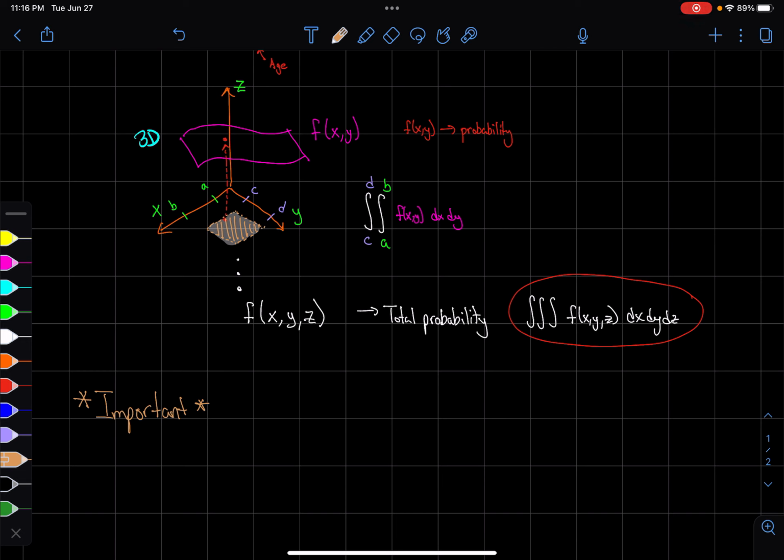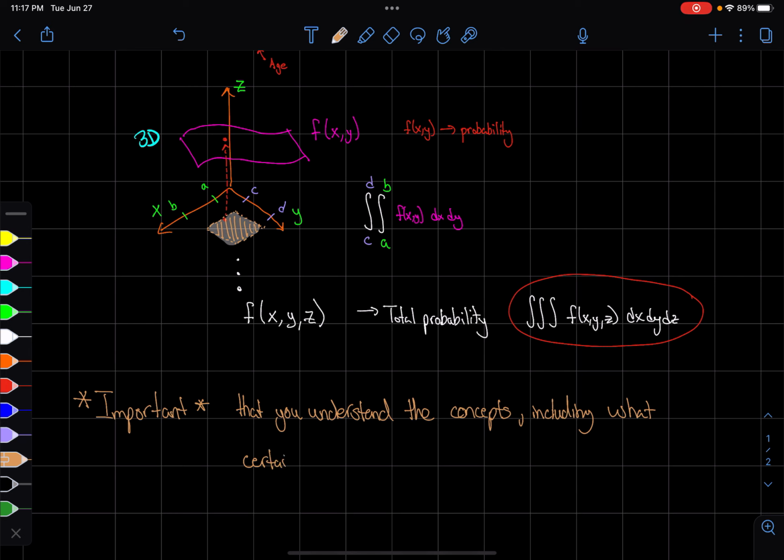It is much more important that you understand the concepts, including what a mathematical expression means, and kind of how to reason about what they mean.